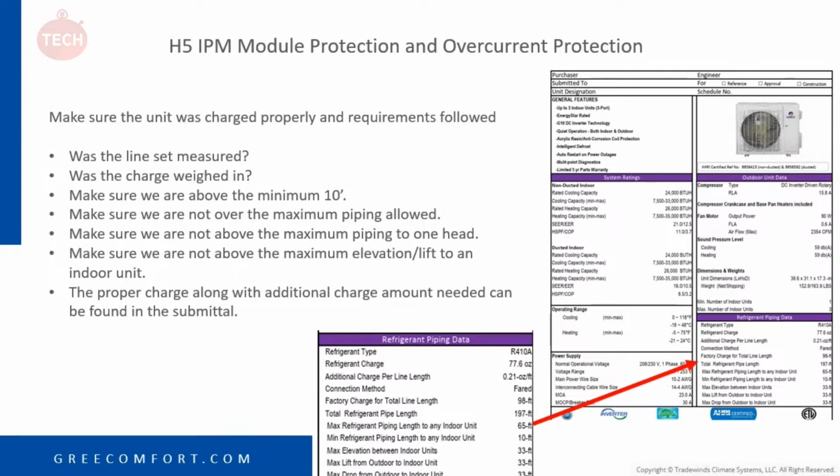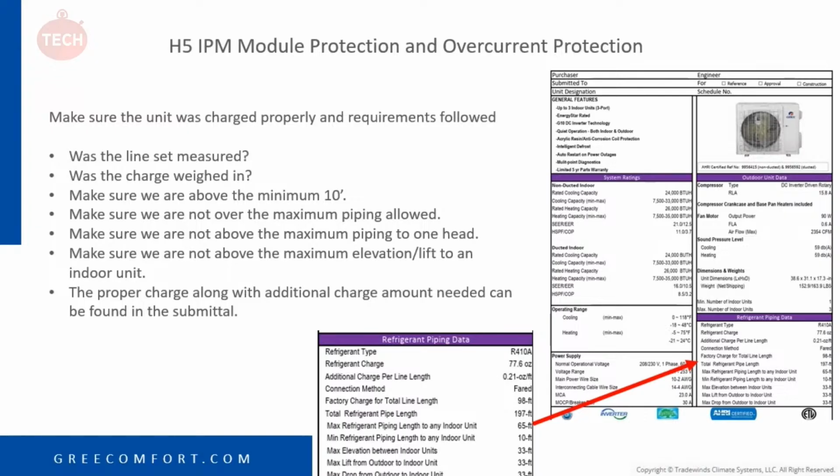The proper charge along with additional charge amount can be found in the submittal as well. I zoomed in on it for you and drew an arrow over to where it can be found. It's going to be found in the refrigerant piping data section. It's going to give you refrigerant type, refrigerant charge, and the amount charged per additional line length. In this example, it is 0.21. That's ounces per foot.